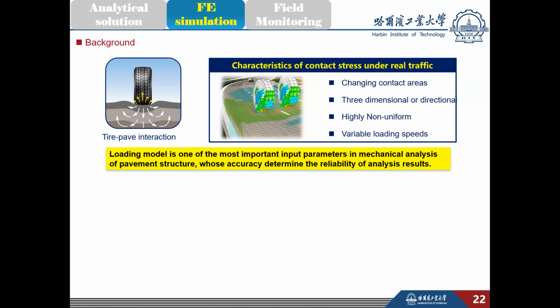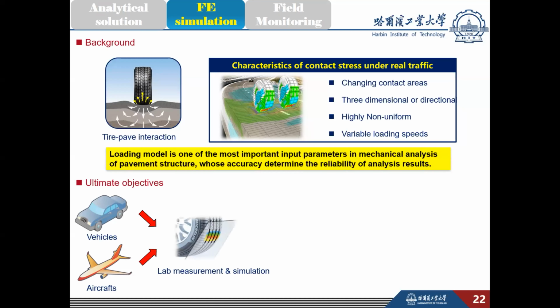The framework here is, first, measure the static vertical contact stress of a truck or aircraft tire in the lab. Second, carry out the tire simulation with the same tire parameters. Then calibrate the finite element model with the previous measurement.